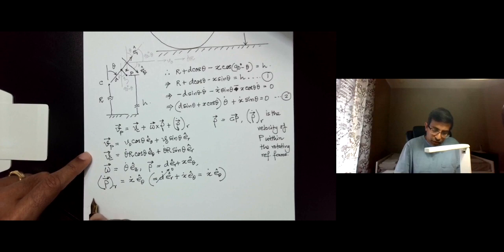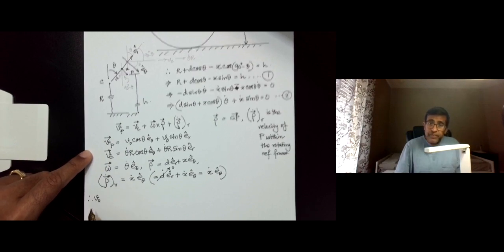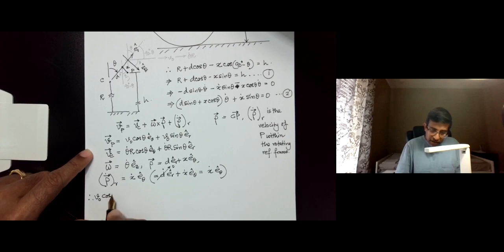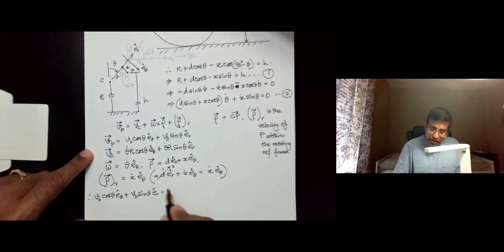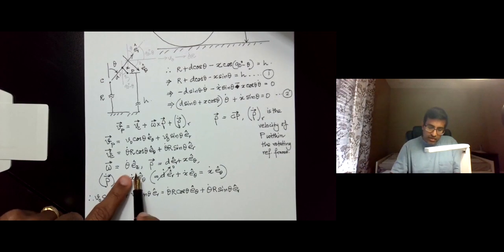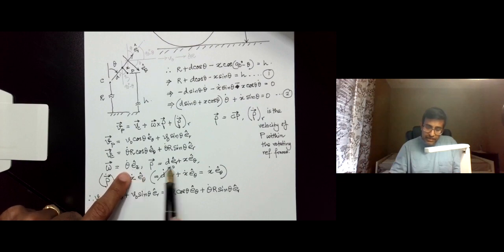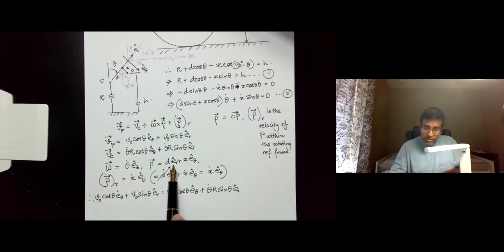Now we can say that therefore Vp, which is V naught cosine theta E theta plus V naught sine theta ER, is equal to theta dot R cosine theta E theta plus theta dot R sine theta ER, plus we need to now take omega cross rho, so that is going to be theta dot EZ cross DER.